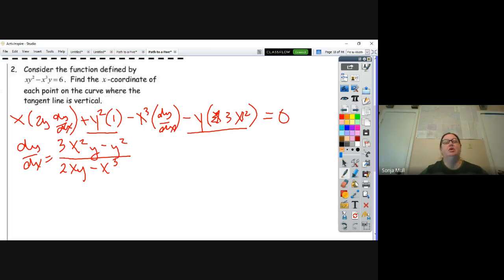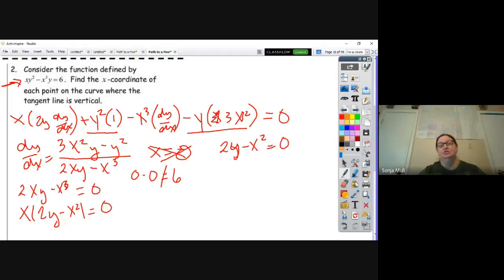Then next, we want to know where we have a vertical tangent line. That's where the denominator is 0. So I want to know where this is 0. I can factor out an x and get x times 2y minus x squared equals 0.